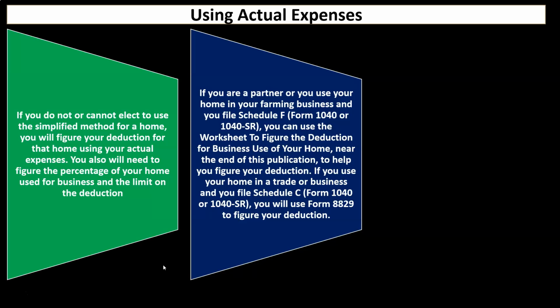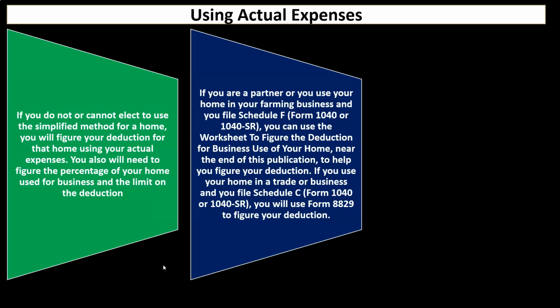So if you are a partner or you use your home in your farming business and you file Schedule F, Form 1040 or 1040-SR, you can use the worksheet near the end of this publication to figure the deduction for business use of your home. So you can go to the publication if you're in that situation, filing basically a Schedule F, and look that up.